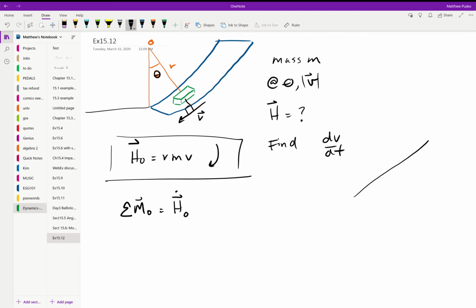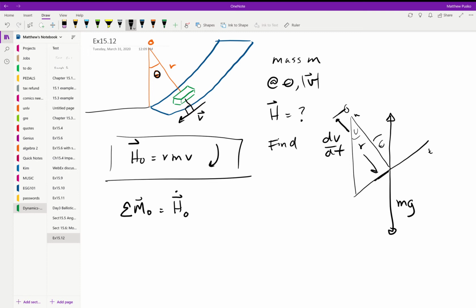If this is at some angle theta from O, if that's theta, then we can call this theta, which is an extension of the object's mass times the acceleration due to gravity. That's our tangential direction, and this is our normal direction. And we can say that this length right here is the radius.